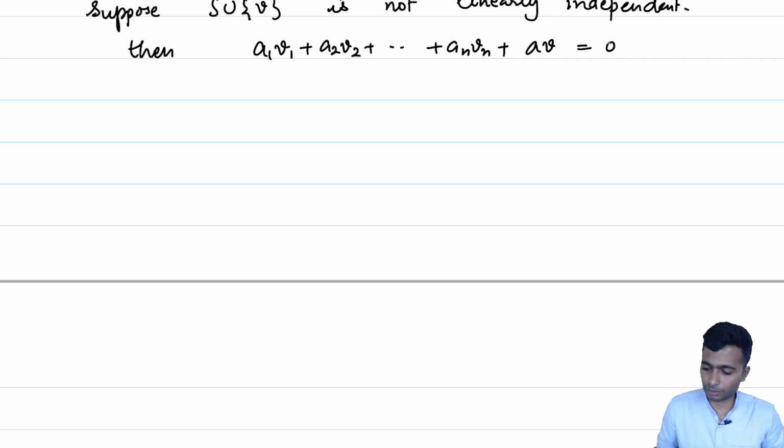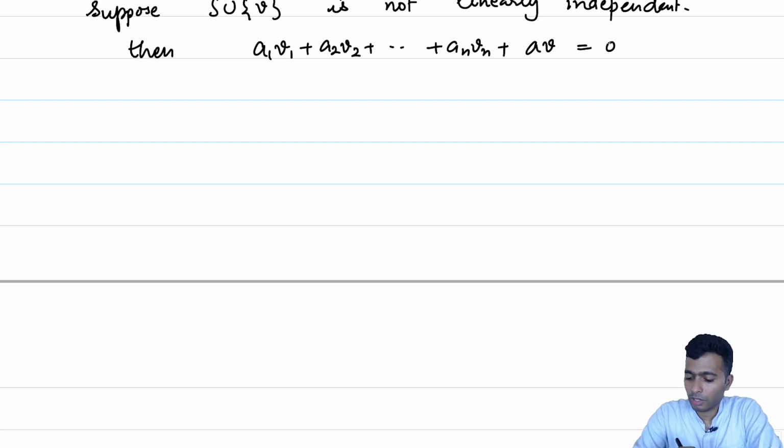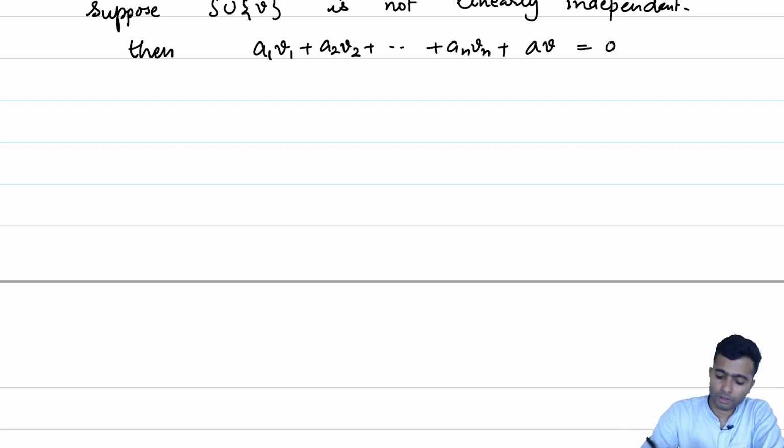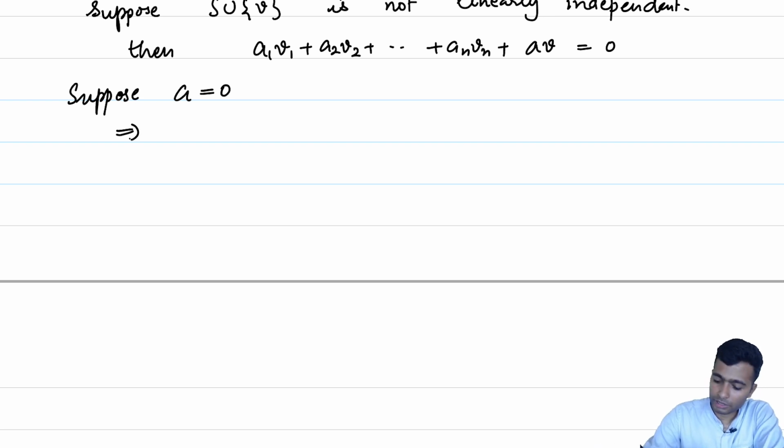That is what it means, where v1, v2 up to vn are not the vector v, they are different vectors. There is some linear combination which is equal to 0 with not all ai's and a together equal to 0. So, suppose a is equal to 0, let us look at what happens. This would imply that a times v is 0 and therefore, a1 v1 plus a2 v2 up to an vn is equal to 0.